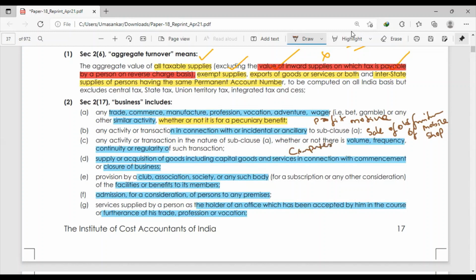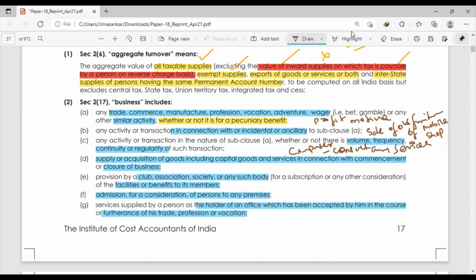My main business is computers, that is trade and commerce. But along with that, on some occasions, I am also giving consultancy services. Consultancy services means sometimes I help them with how to install the computer, how to configure assembled computers, or anything related to that, any type of consultancy related to that.